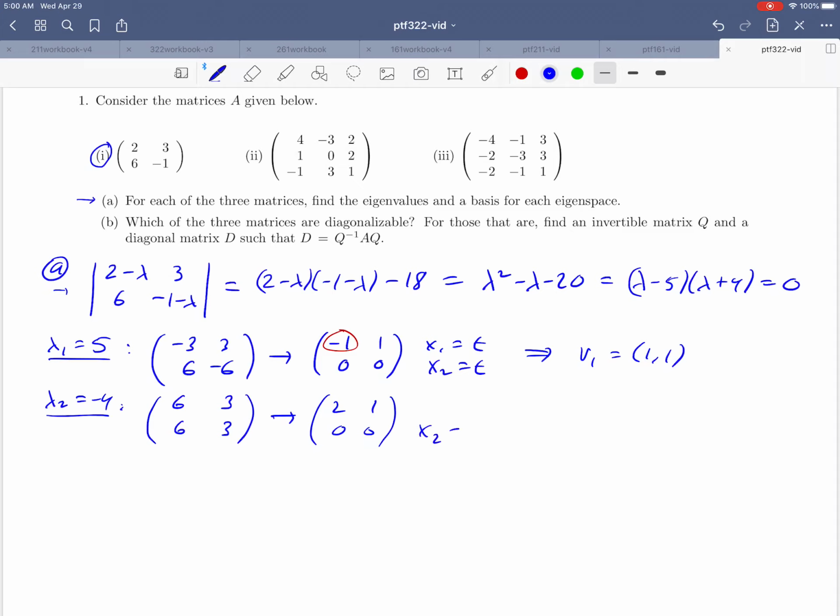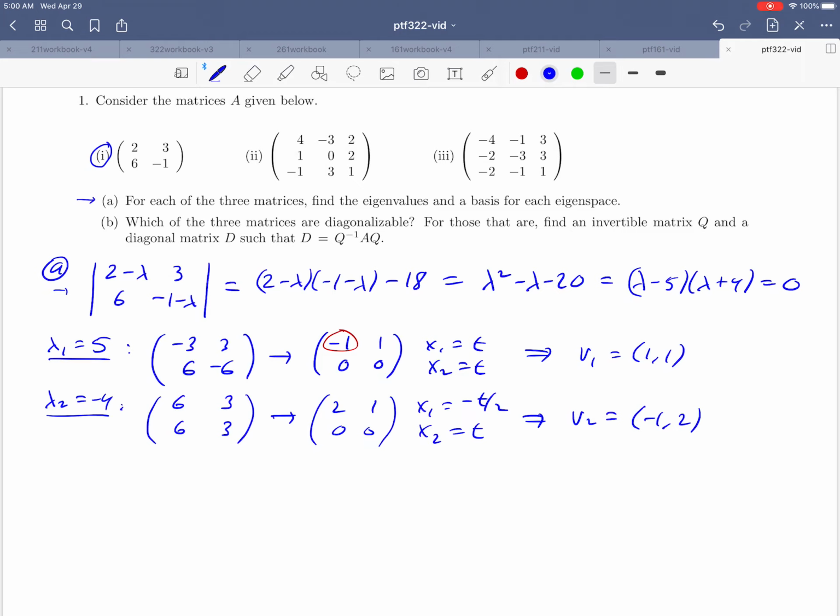Again, x2 is a free variable, so we'll let it be t, and that would mean that x1 is negative t over 2. This time a convenient choice for t might be 2, and that's going to give us an eigenvector of negative 1 and 2.